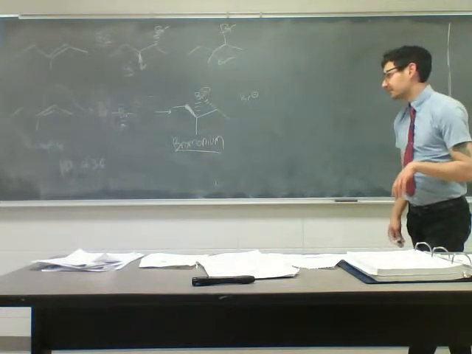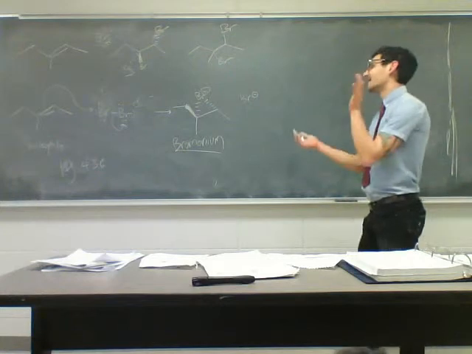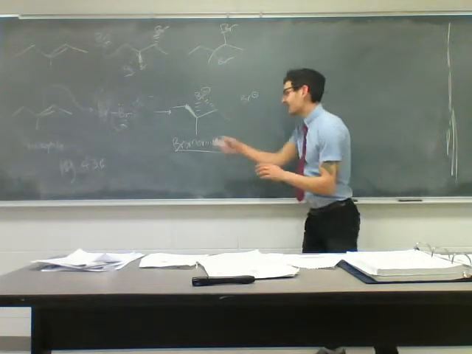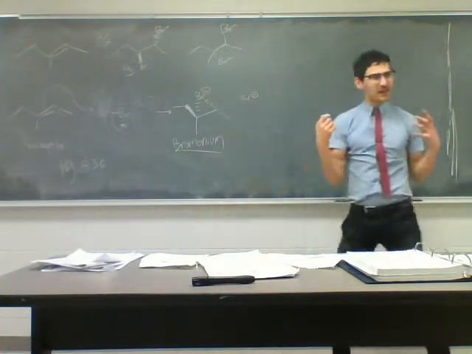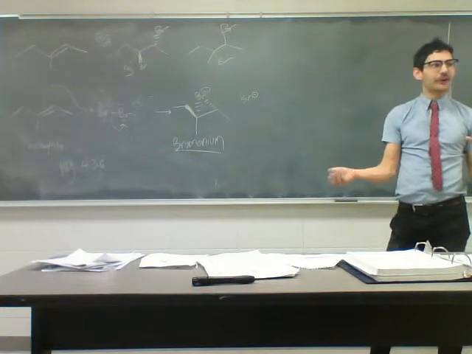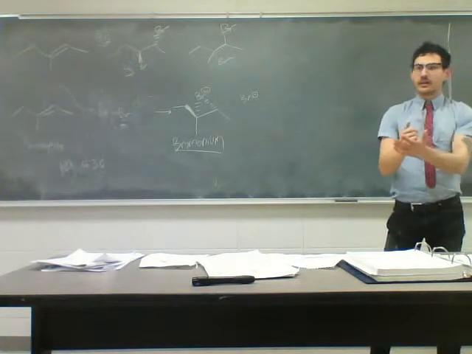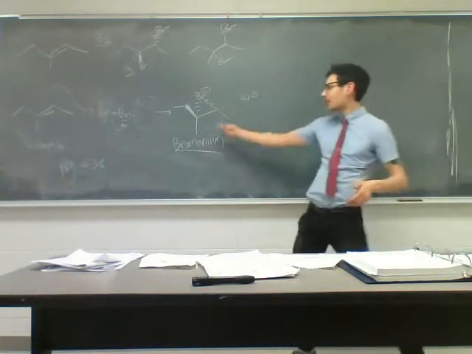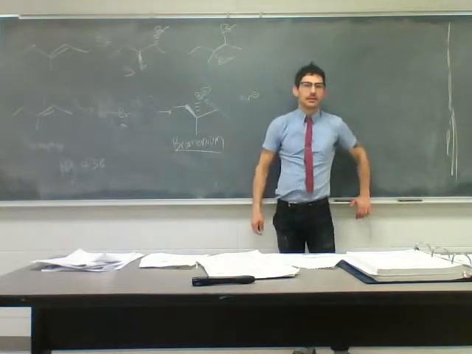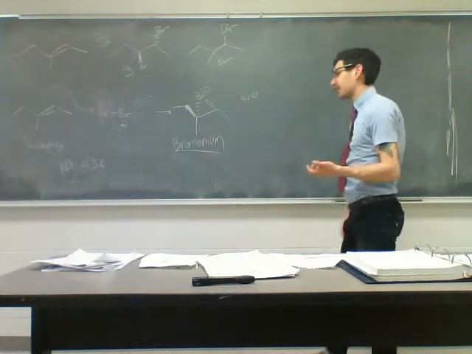90% of the time. So, all right, now we've got this bromonium ion. Do you guys think the bromonium ion is going to be a nucleophile or electrophile? Electrophile. That's a good guess.